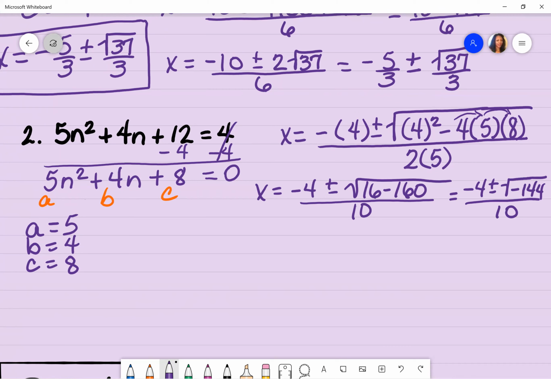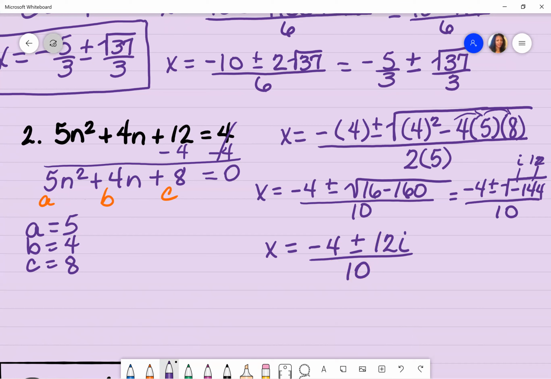I can further simplify this. x is going to equal -4 plus or minus. Well, I see that this has an i, and I know that the square root of 144 is 12. So I have 12i that can come out from under the radical, all divided by 10. You can simplify this even further. I'm going to separate it into 2 fractions because that's my preferred method.